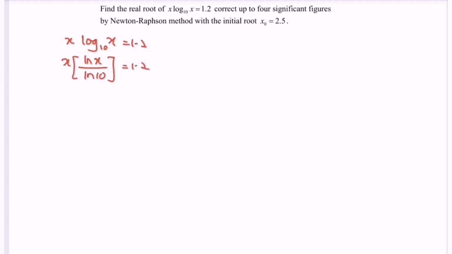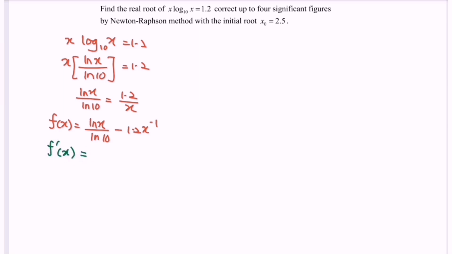Next, rewrite the situation. So we have ln x over ln 10 is equal to 1.2 over x. Then rewrite. We have the function f(x) is equal to ln x over ln 10 minus 1.2 x to the power negative 1. Continue, differentiate the situation. So f prime x is equal to, referring to the left hand side, the ln x over ln 10.